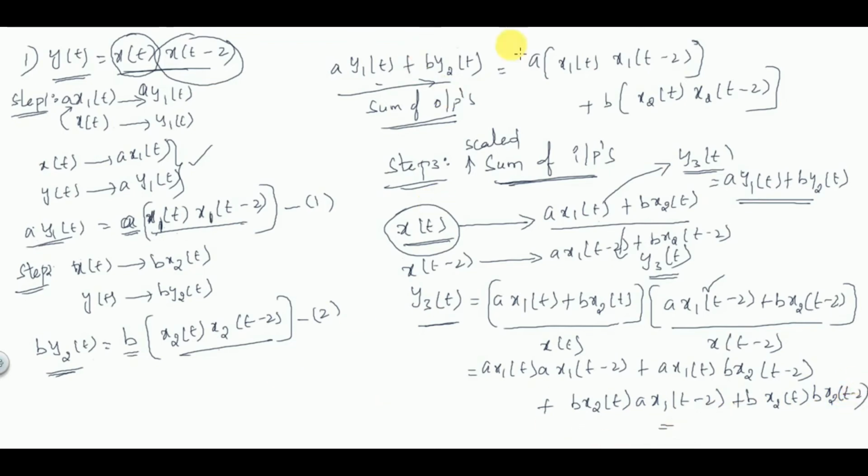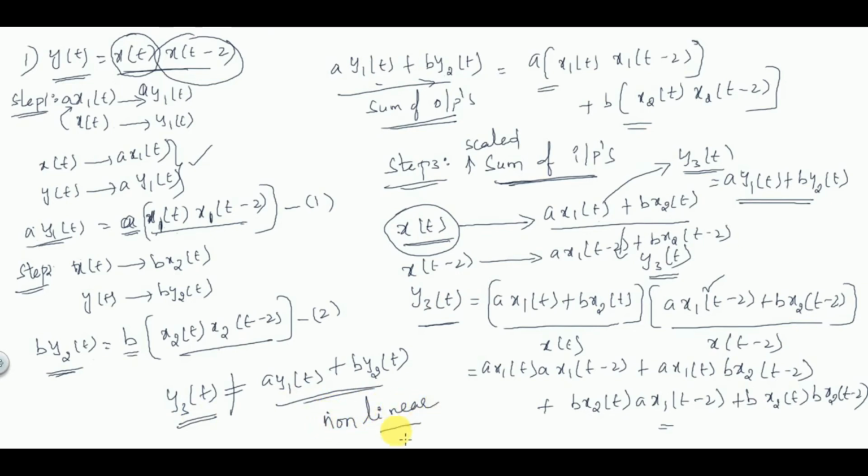But here only 2 terms are there. So y3 of t is not equal to a into y1 of t plus b into y2 of t. The scaled sum of inputs is not equal to the sum of outputs. Therefore the given system is non-linear.